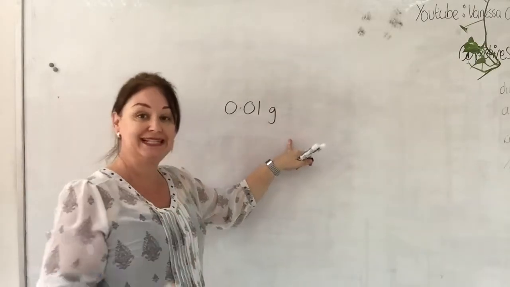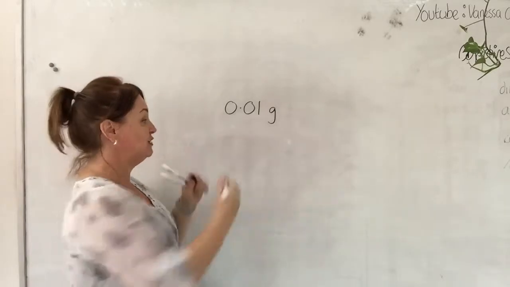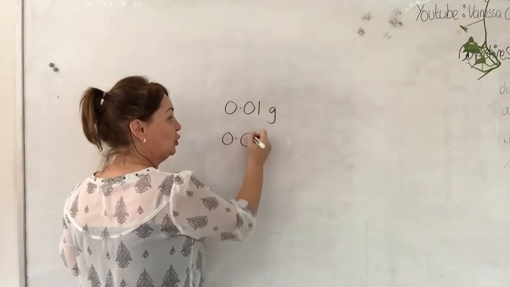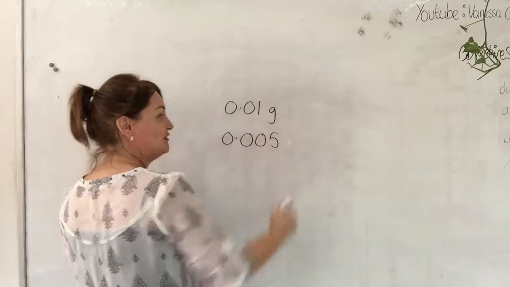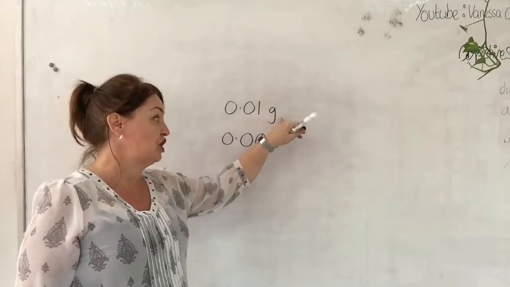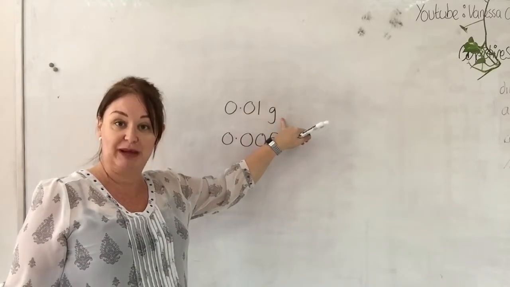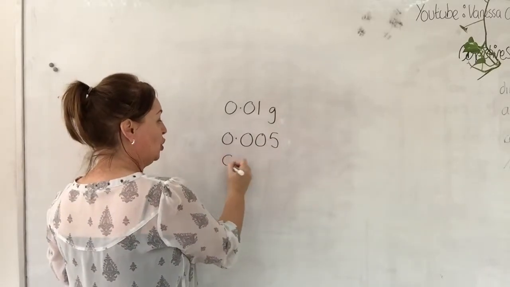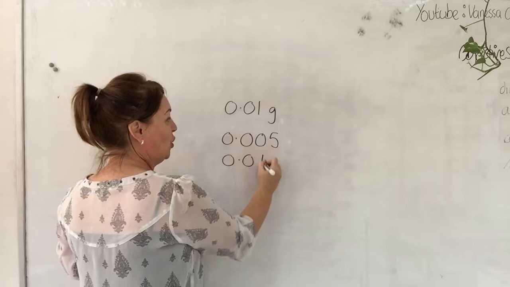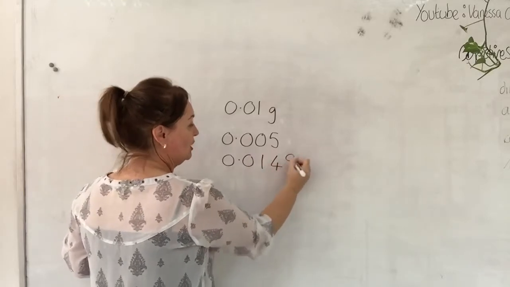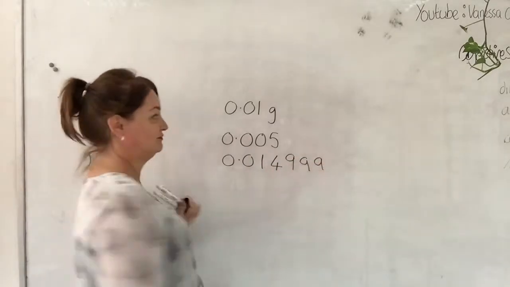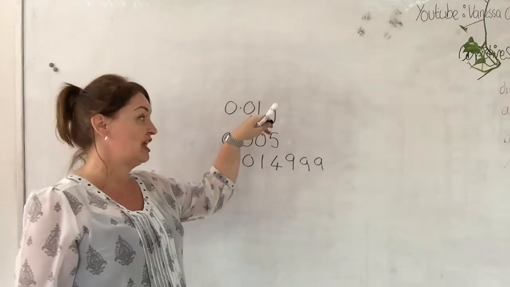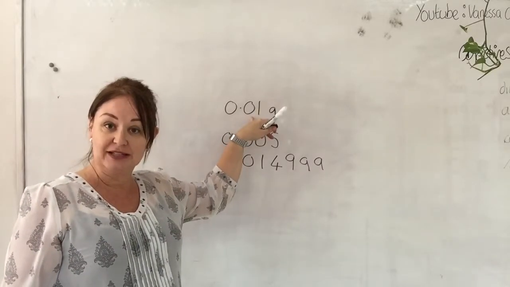Now, we can say that even if it had been 0.005, it would have shown us this on the digital balance. Even if it had been 0.014999, it would have shown us this on the digital balance.